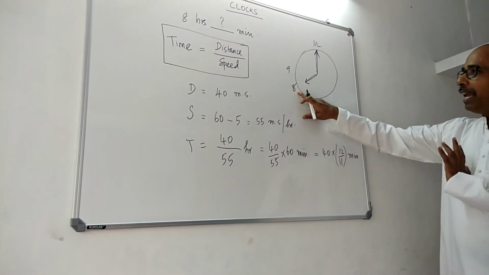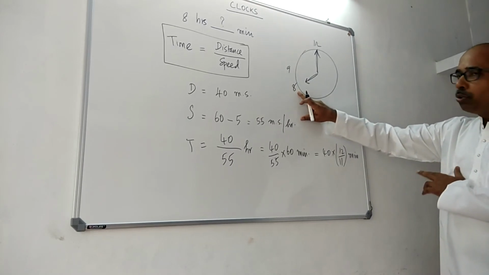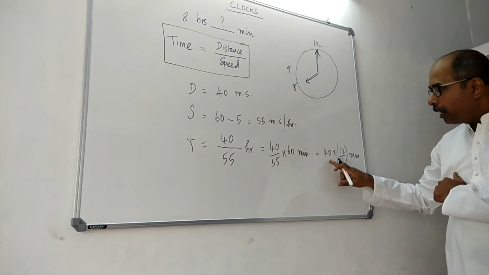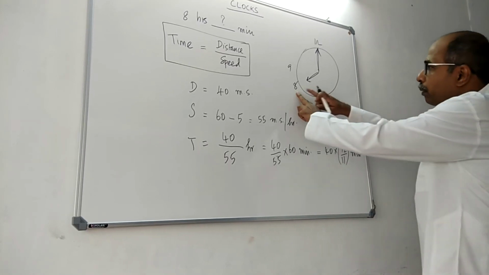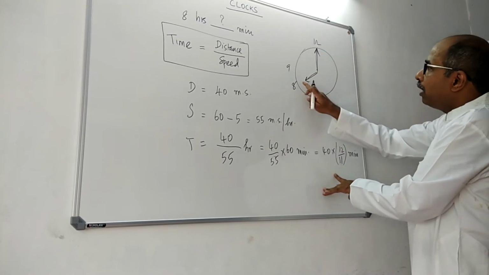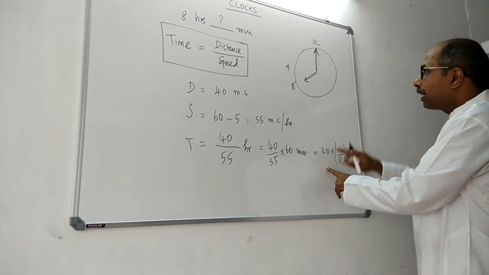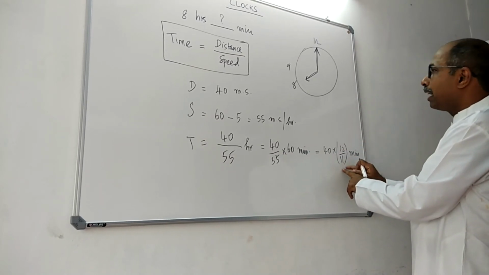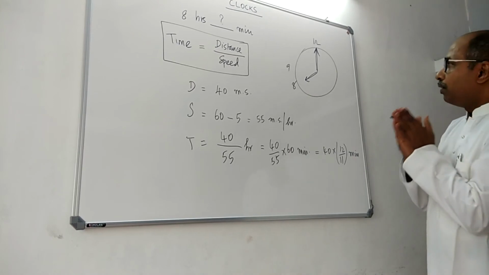So it will be 8 hours and some minutes. So 8 into 5 will be 40, that's what you are writing here, into simply write 12 by 11. The logic is, if the smaller hand is stagnant, the longer hand has to travel how much distance, you just find, 40 minute spaces that you are writing here. And the concept of relative speed is taken care of by this. See, this problem gets complicated because of only one reason.